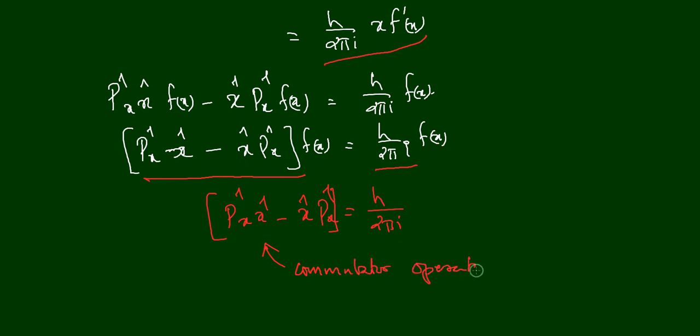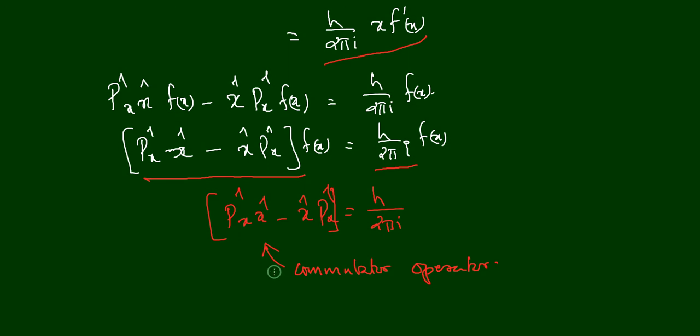The commutator operator is possible only when the operators that we are considering are non-commutative, right? Means there should be a difference. Then only the commutator operator will arise.